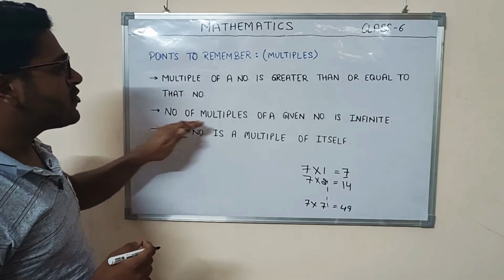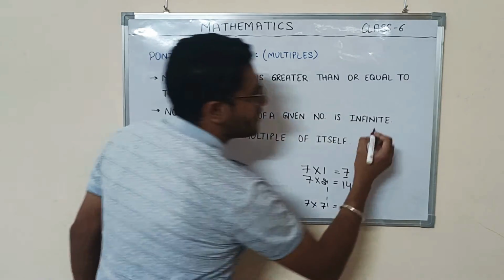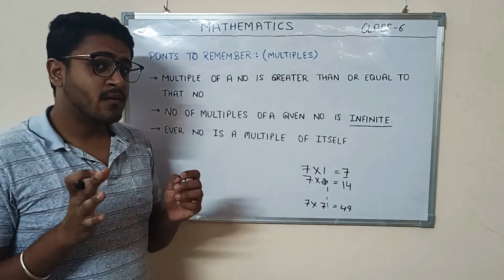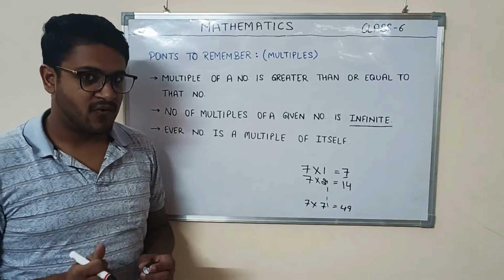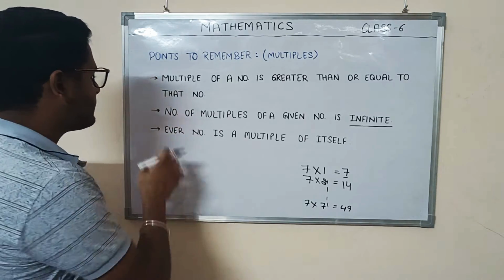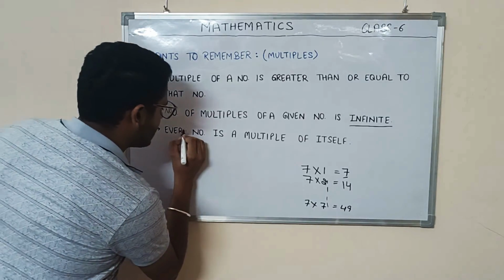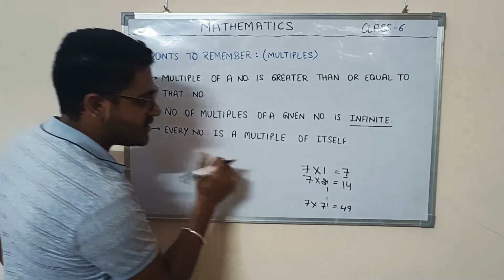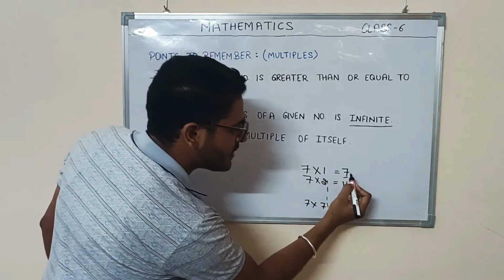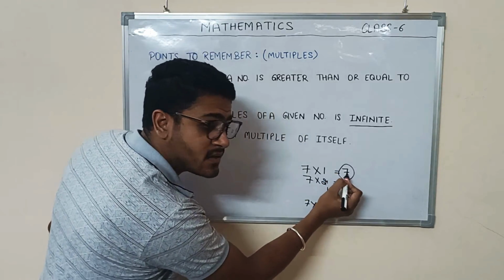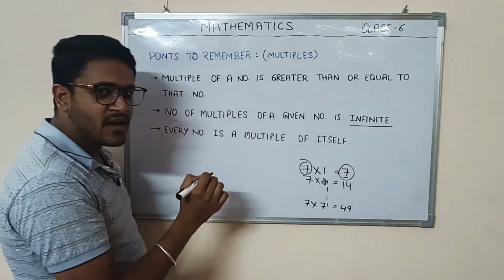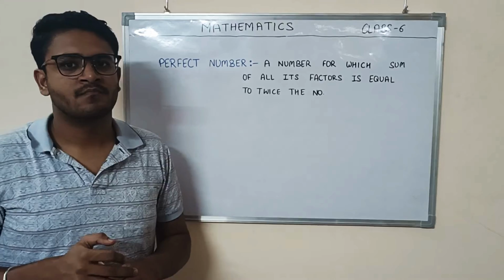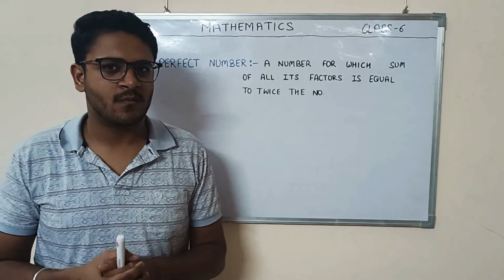Second point, the number of multiples of a given number is infinite, whereas we discussed the number of factors of a given number is finite. Okay? Do remember this. Third point, every number is a multiple of itself. See, 7 into 1 is 7, which means 7 is a multiple of 7 only, which means every number is a multiple of itself.